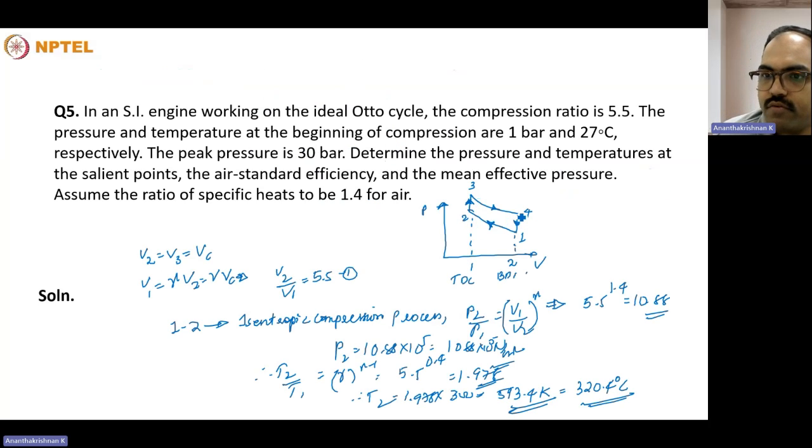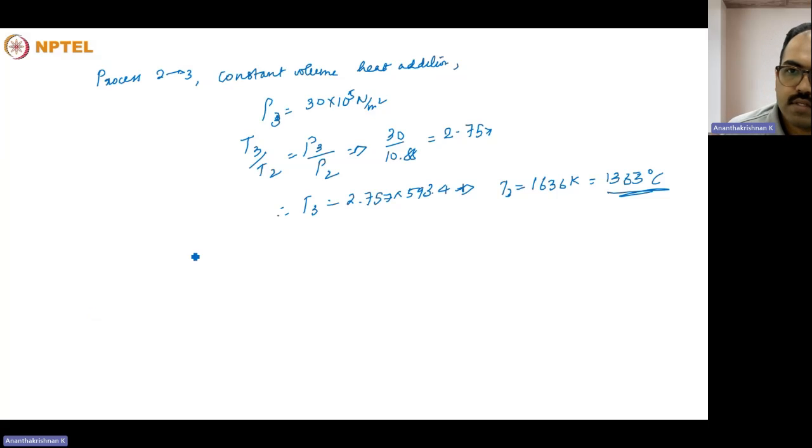Now the last point, point 4. Process 3 to 4 is isentropic expansion.